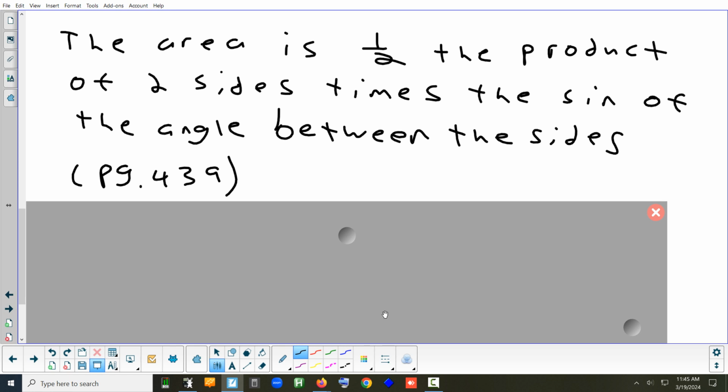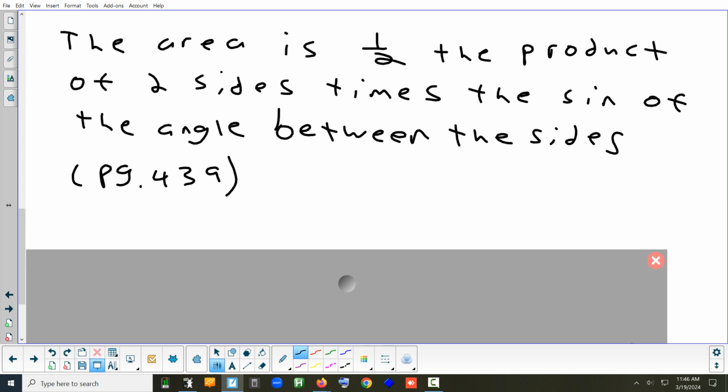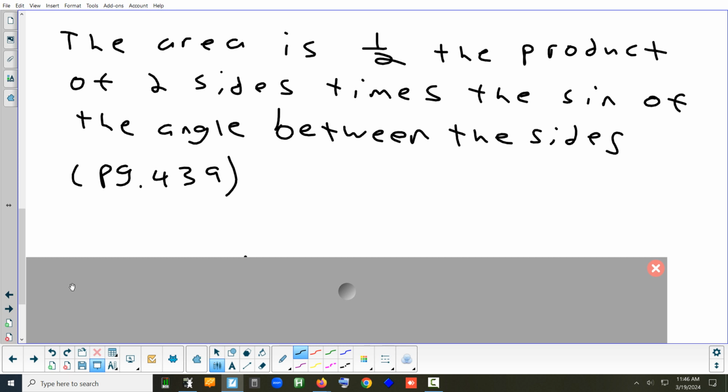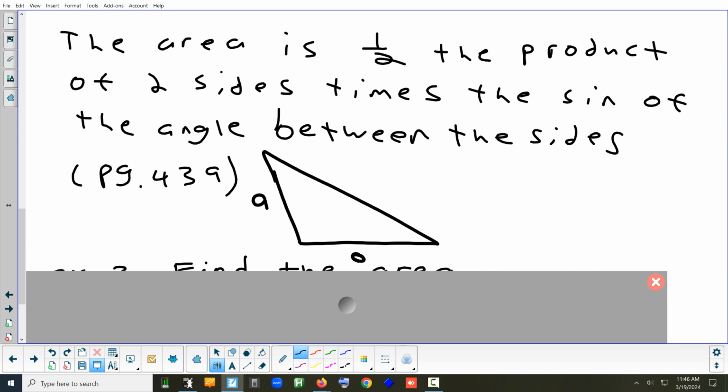So the area of a triangle is half the product of 2 of the sides in the triangle, kind of like 1/2 base times height, times the sine of the angle between the sides. Let's apply that to that triangle. 1/2 the product of 2 of the sides.